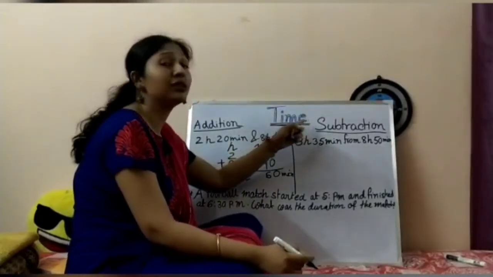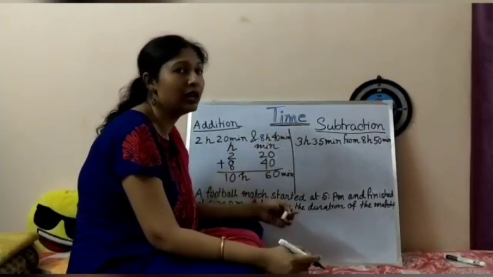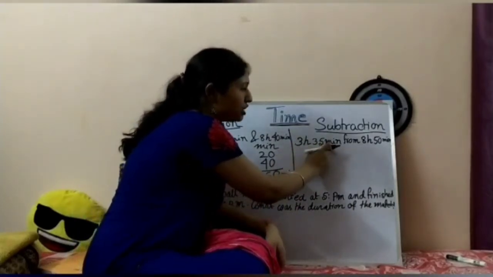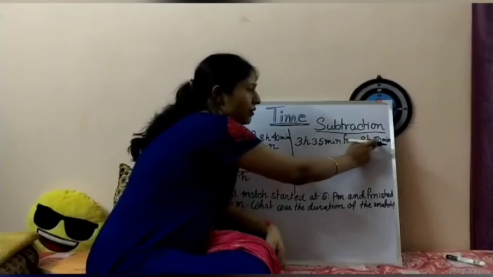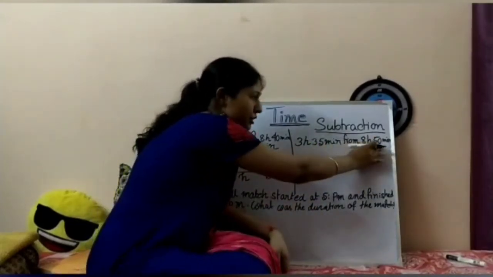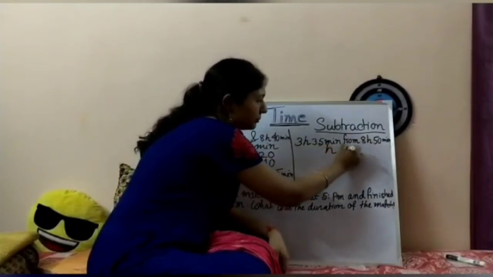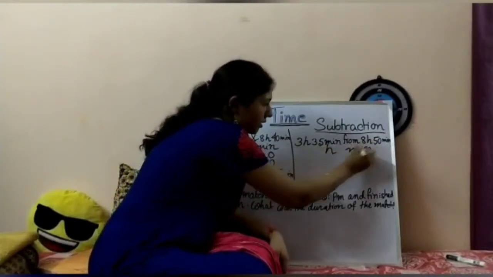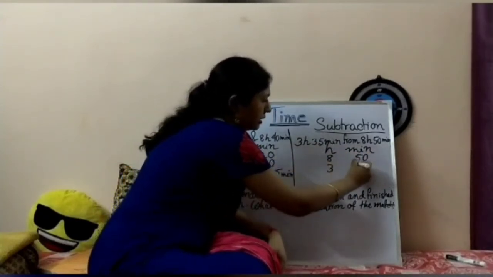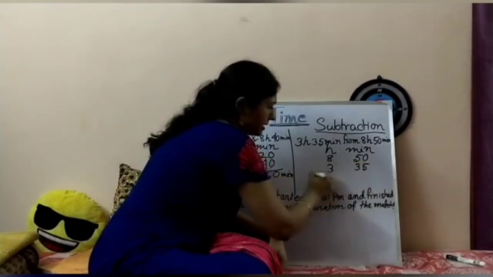Now I will show you subtraction, how we will do the subtraction. Here 3 hour 35 minutes from 8 hour 50 minute. So which one is big? 8 hour 50 minutes. So we should write here 8 hour 50 minute and here 3 hour 35 minute.